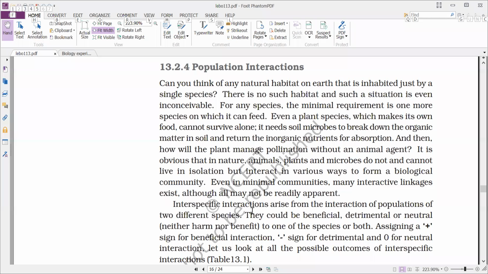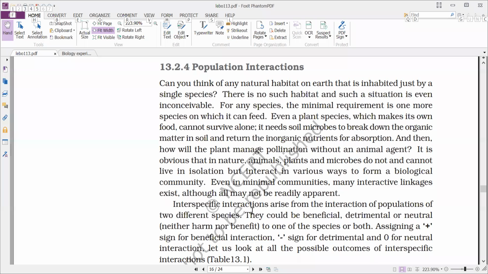Can you say of any area where only one type of species is present? No. We'll find two or more species present in a particular habitat.